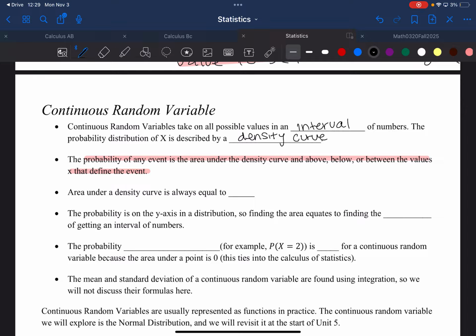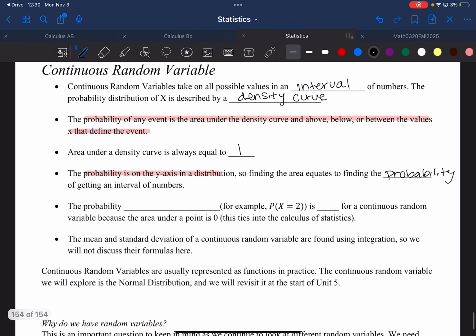What should probability always equal? 1. And we just said probability is the area under the density curve, so the area under the density curve should also always equal 1. The probability is on the y-axis of the distribution. So finding the area equates to finding the probability of getting an interval of numbers.